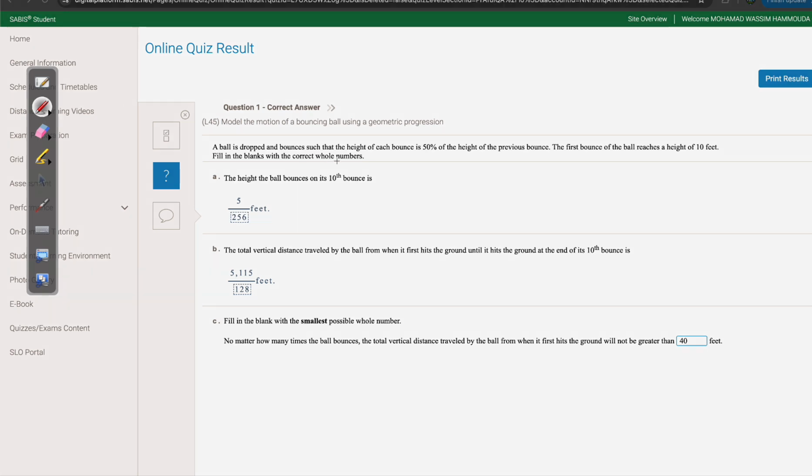So as we can see here, since it's 50% the height of the previous bounce, that means it's geometric. Simply, 50% would be the common ratio that we're multiplying each bounce by. The rule for any term of a geometric sequence is the first term multiplied by g, which I'll call the common ratio, to the power of n minus 1.